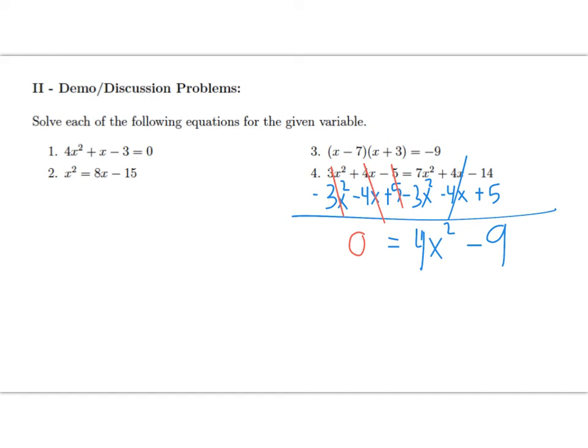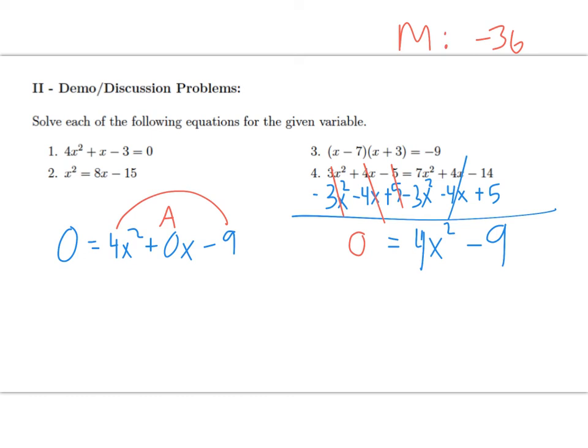Now, this is an interesting problem, and there's many ways to do it. I'm going to do it the way that it has always worked for us, which is factoring by grouping. Let me go over this a little bit more in detail. We have 4x squared plus 0x minus 9. As a reminder, we're looking for numbers that add to 0 and that multiply to good old negative 36.